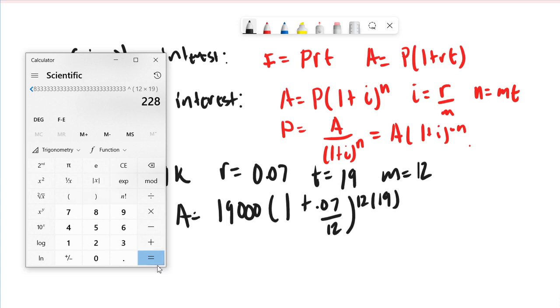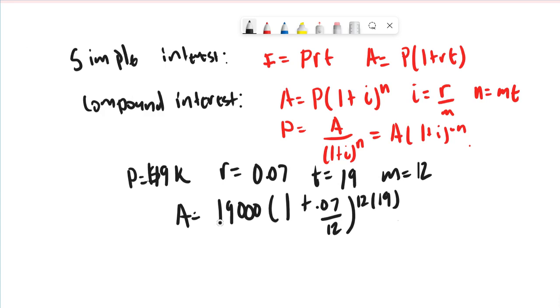And we're going to push equals. And we're going to multiply this by 19,000 and push enter. Okay. Now, we're going to round it to the nearest cent. So this is approximately equal to $71,562.76.